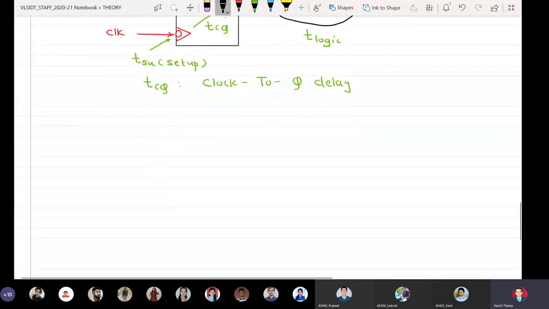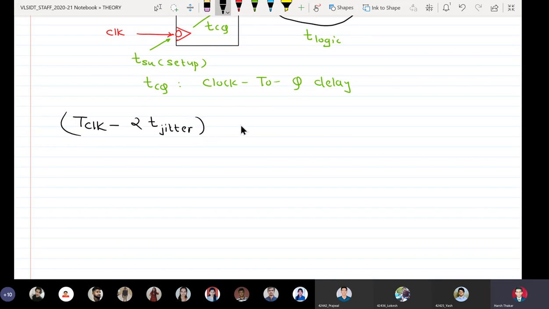So we can write that TCLK minus 2 times jitter must be greater than or equal to the summation of setup time delay plus clock to Q delay plus combinational delay.